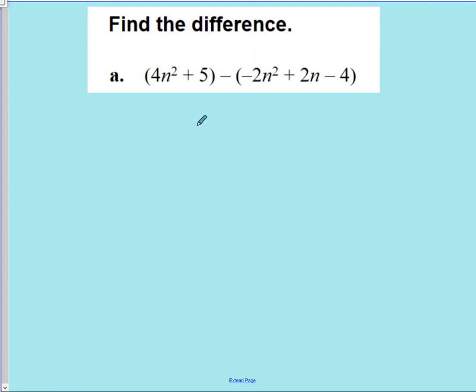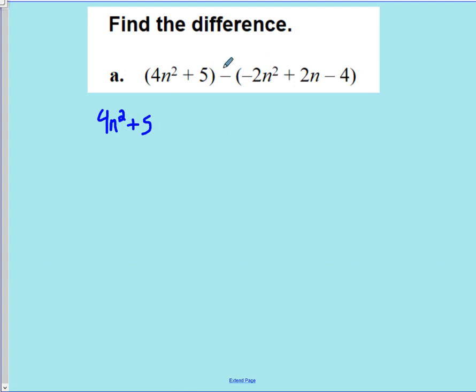And I'm just going to rewrite my problem. I'm still going to write out my 4n squared plus 5, because this guy out front doesn't get affected by anything. He's just hanging out, okay? Now I'm going to distribute my negative sign.